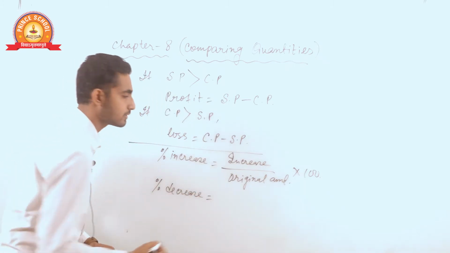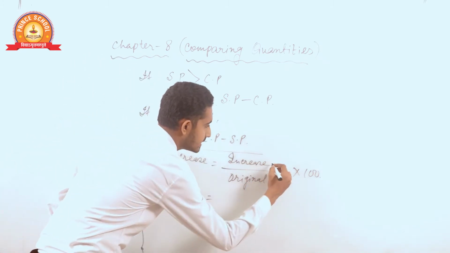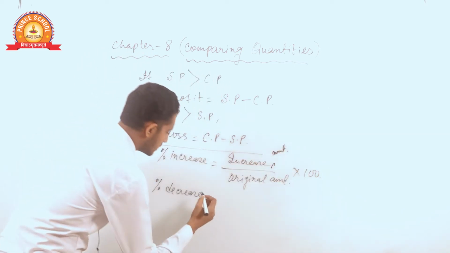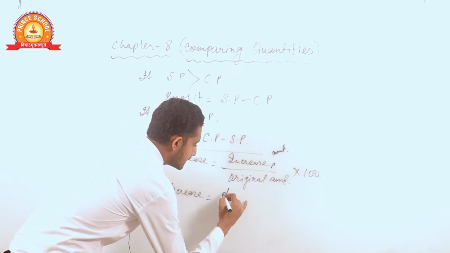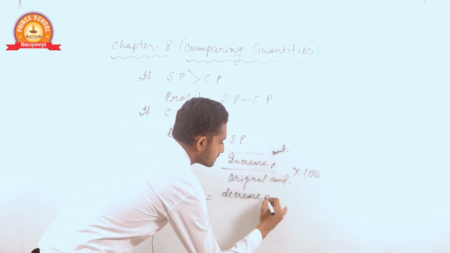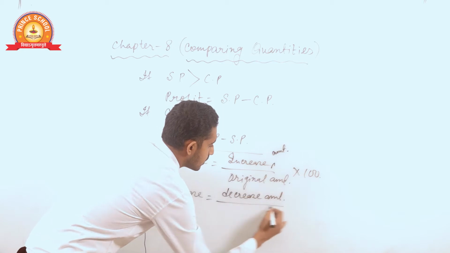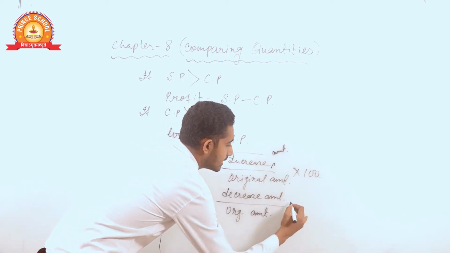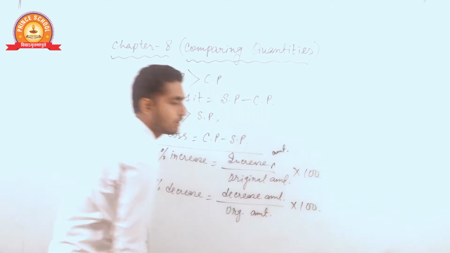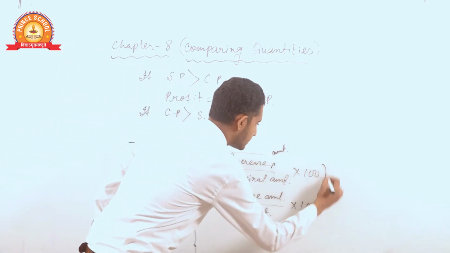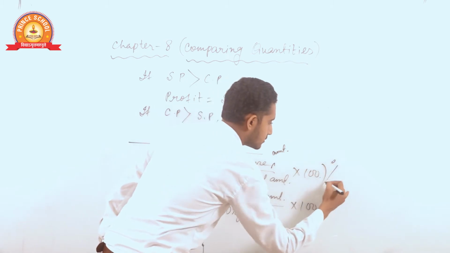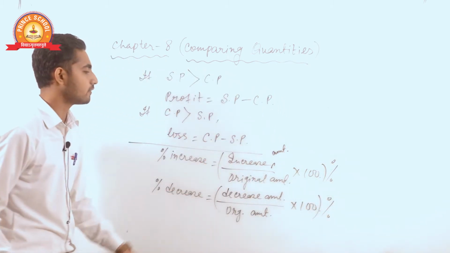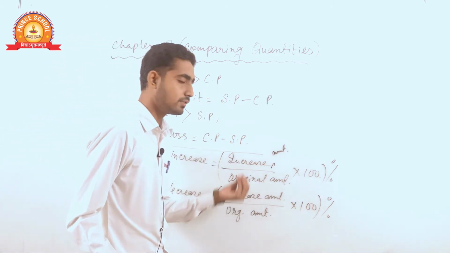Percentage of decrease is equal to decrease amount, short form amount is AMT. So, percentage of decrease is equal to decrease amount divided by original amount, multiply by 100. Okay, that is the form. You can give bracket and percentage also. That is the formula of percentage of increase and percentage of decrease.